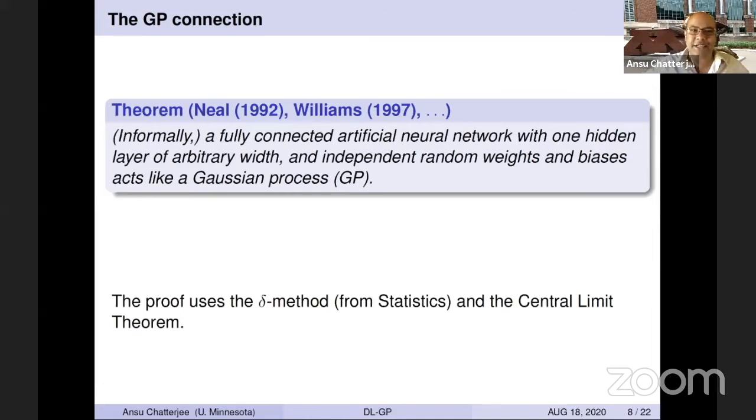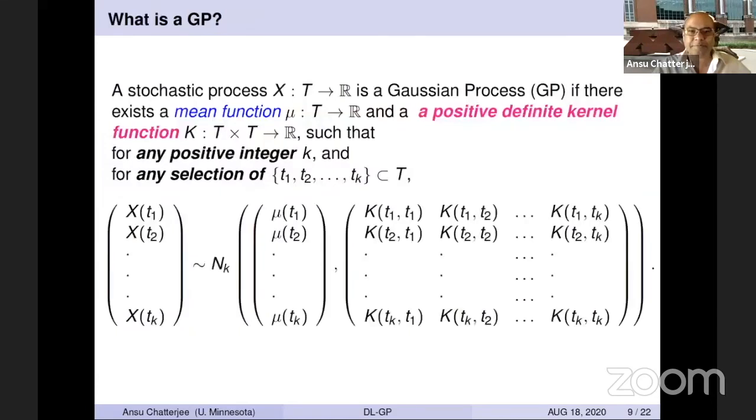So there is a connection between the shallow, wide network and Gaussian process. So that's the other connection through which we actually get into a probabilistic framework.